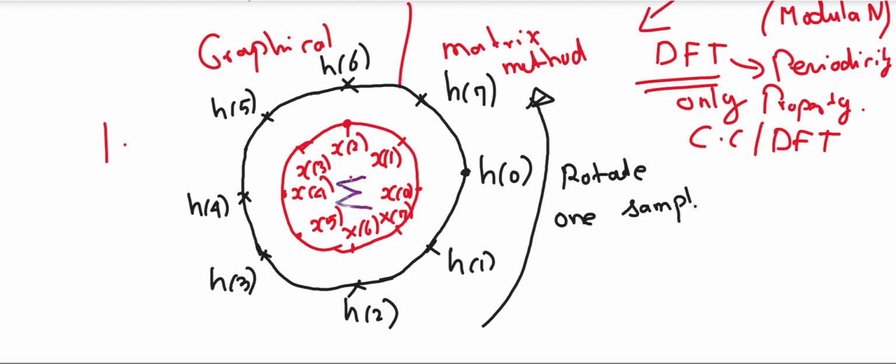Then, for each successive convolution, you have to rotate by one sample each time in an anti-clockwise direction.